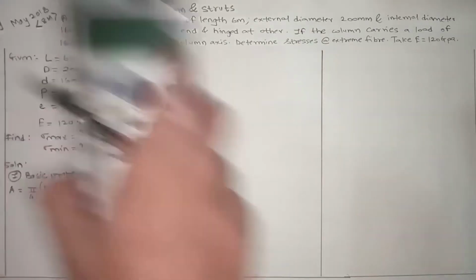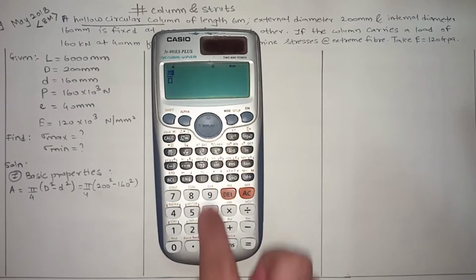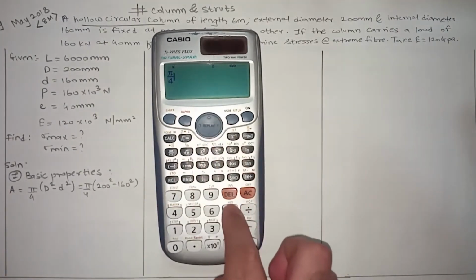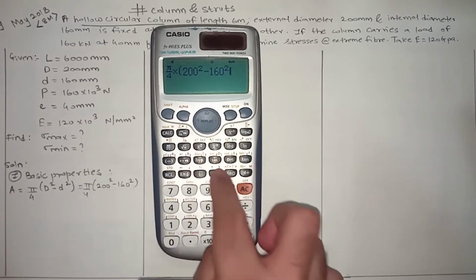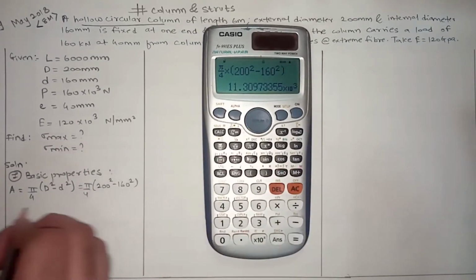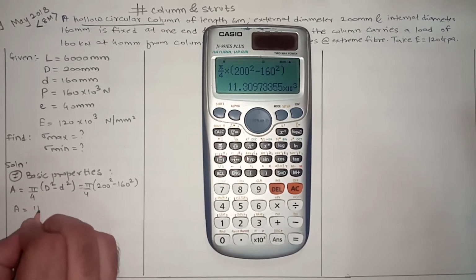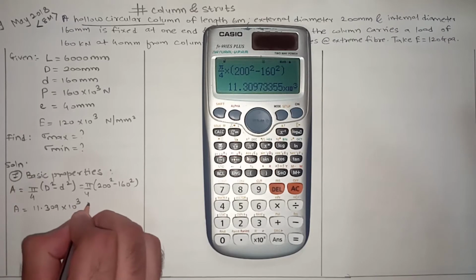So let us calculate this value. So area is 11.309 into 10 raised to 3 mm square.